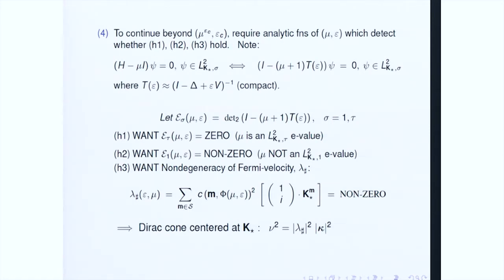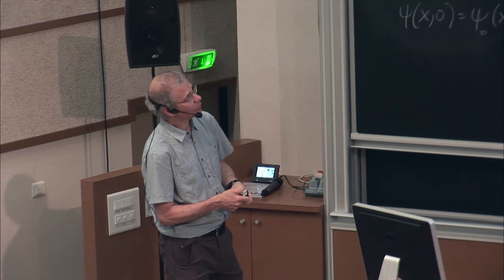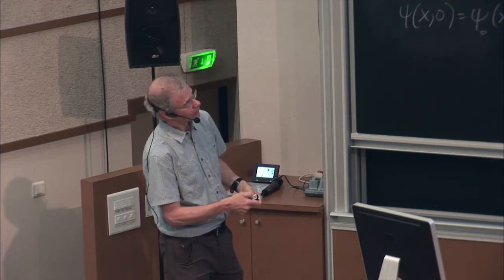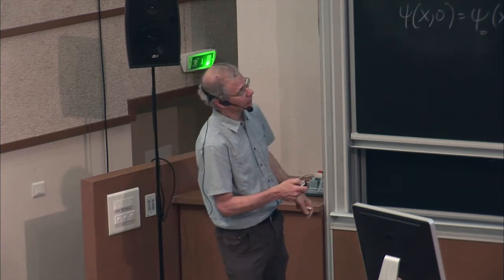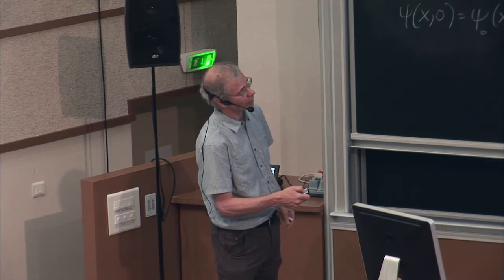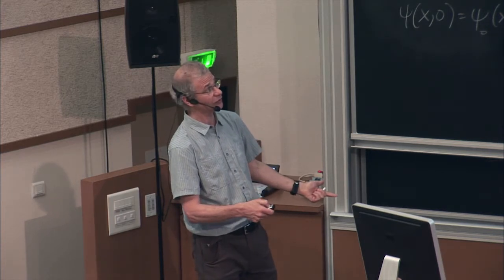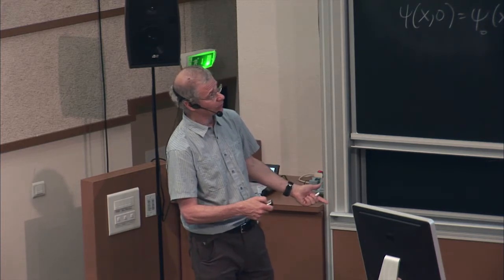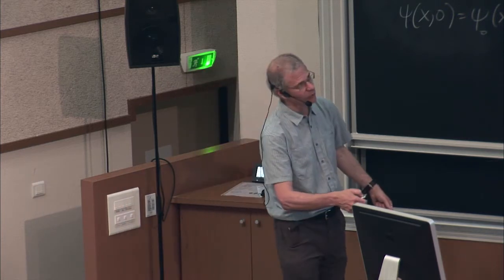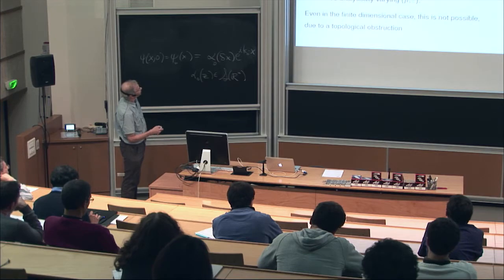And we have to look for zeros of E sub tau, and we want to make sure that E sub 1 is non-zero. So we need zeros of this quantity to be non-zero, and we also need for the cone to open, so we need for the Fermi velocity to be non-zero. And if these hold, then we have this kind of local character of the dispersion surface.